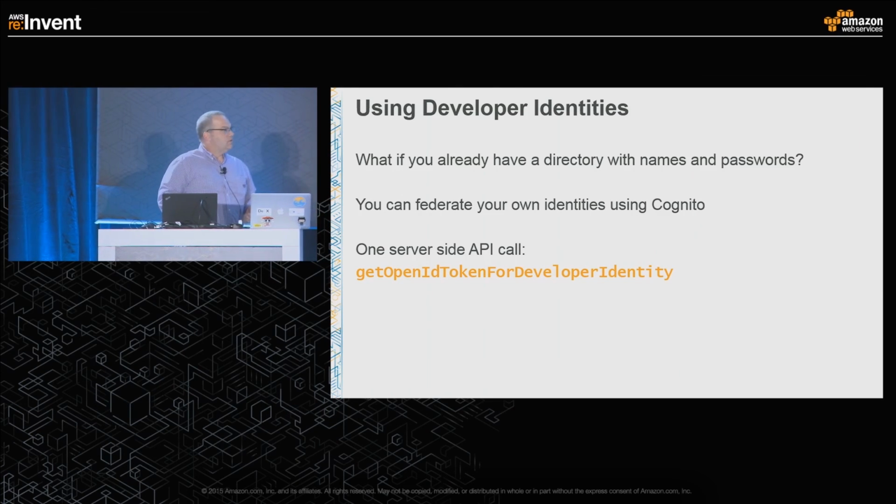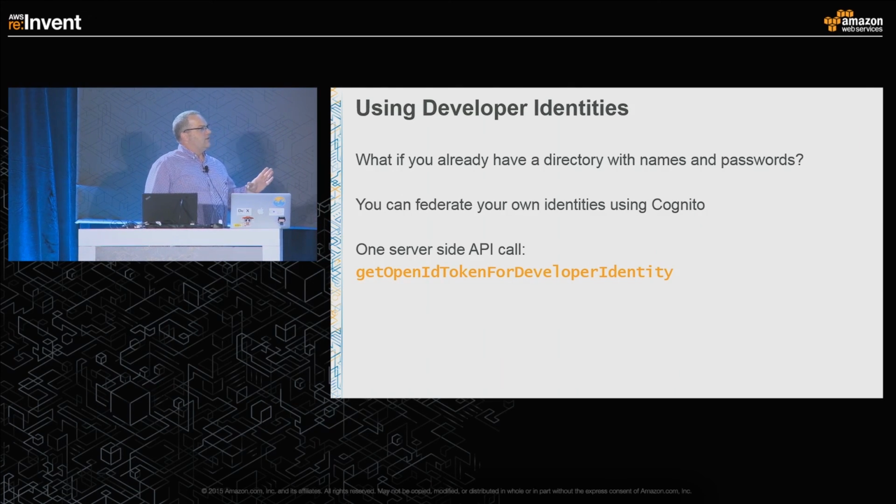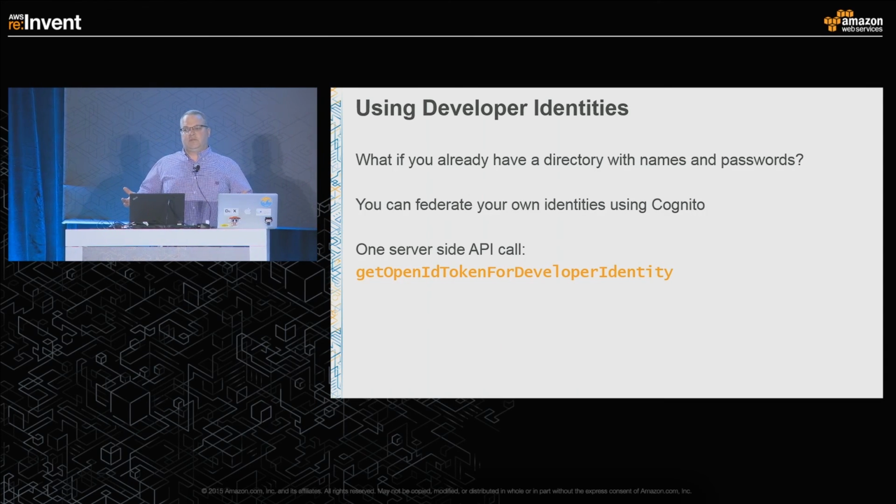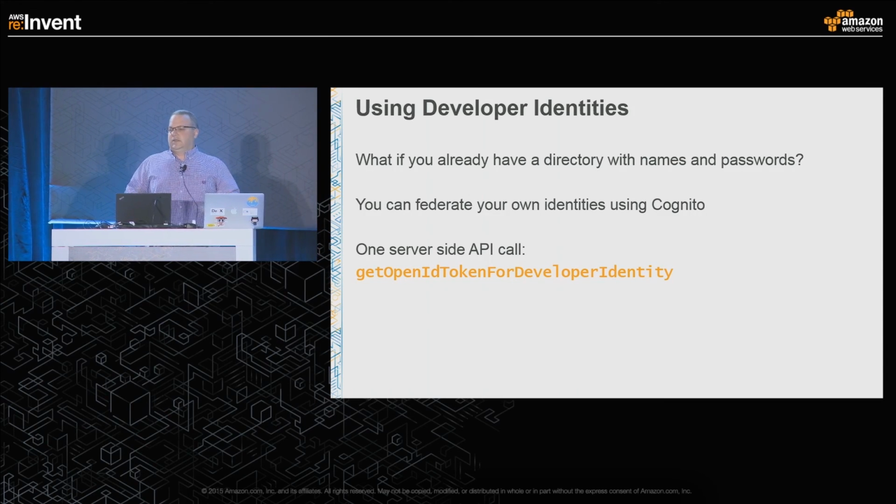Okay, one last thing I want to show you, on the subject of identity, is developer identities. A lot of mobile developers like using Facebook, Twitter, Amazon for their customers to log in. You know, they get authenticated identities that way. They have their own sync data.